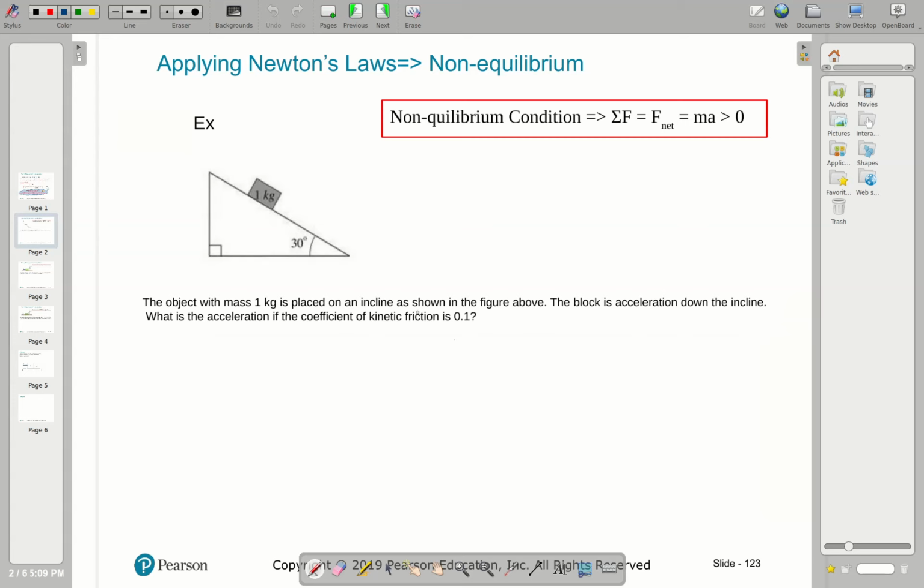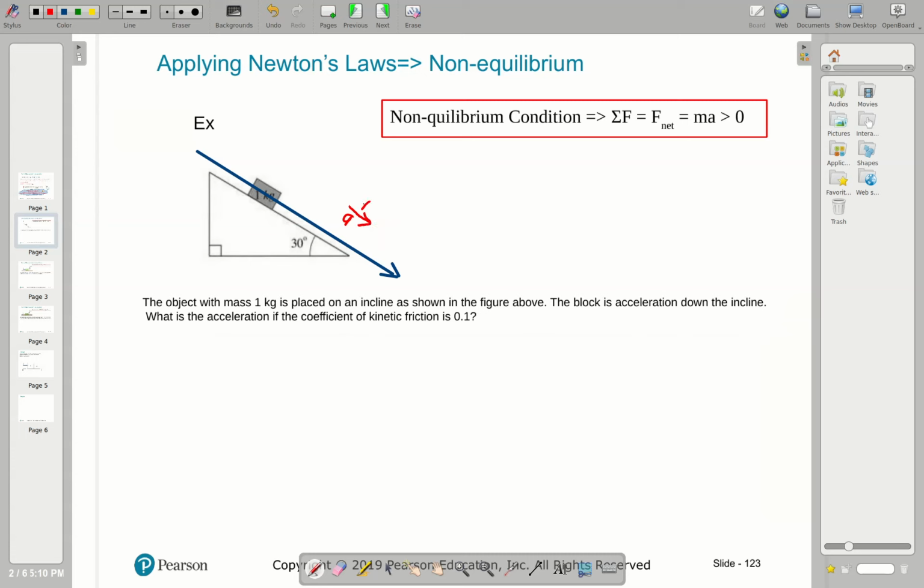So here's my situation. I will directly put my XY system here, right? Down the incline, there's an acceleration. So when I show that, I'll take down the incline to be positive direction. Alright, that will be always my choice.